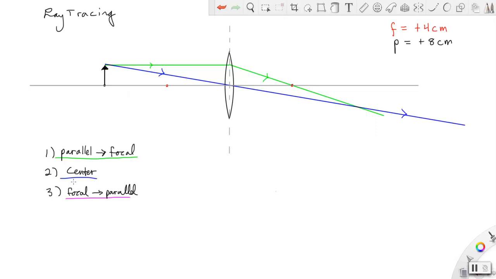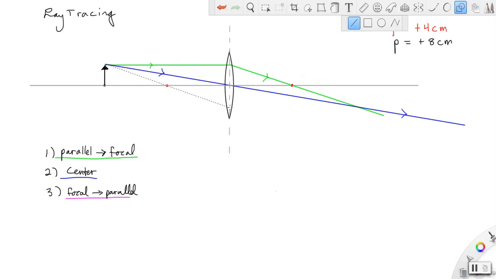And the third ray is our focal to parallel ray. Again, you start off at the tip of the object, but this time we've already used up this focus over here, so we don't need that one anymore. We need to use this one.